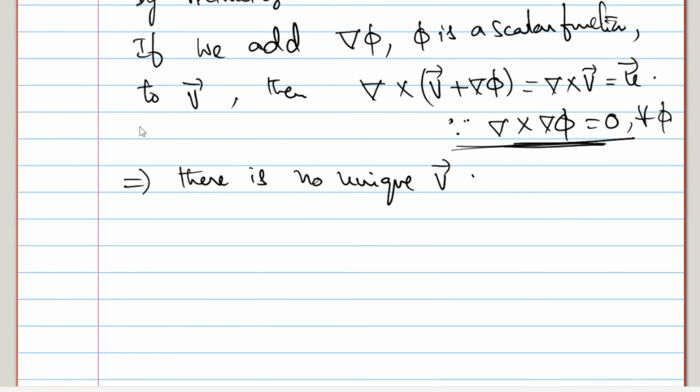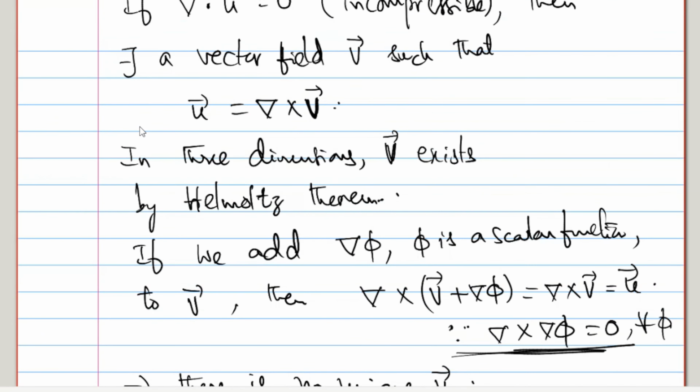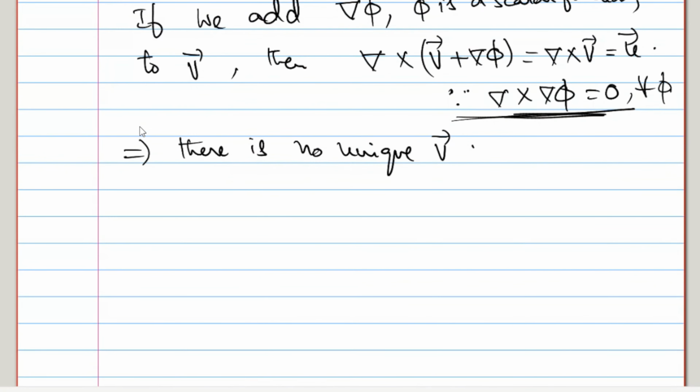What happens? The situation will be different if you consider 2 dimensions. So what happens in 2 dimensions?